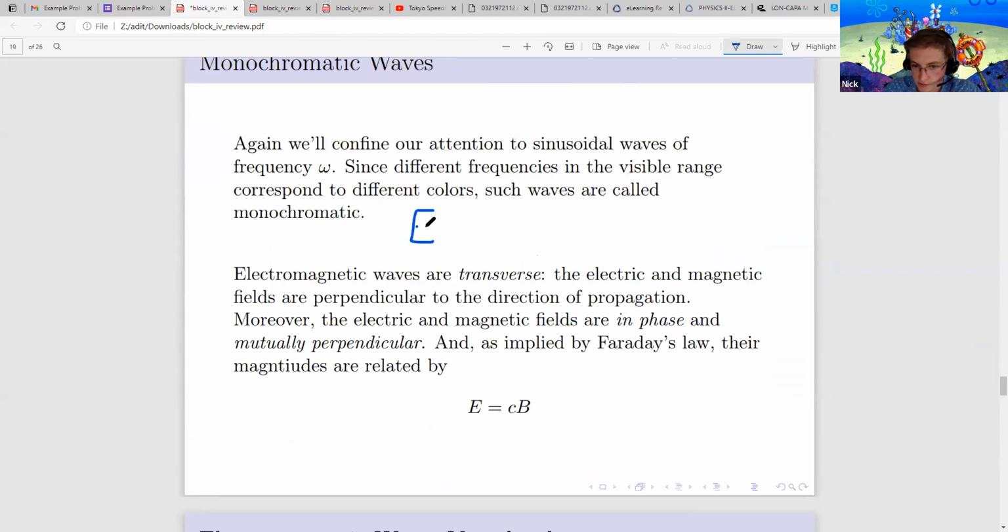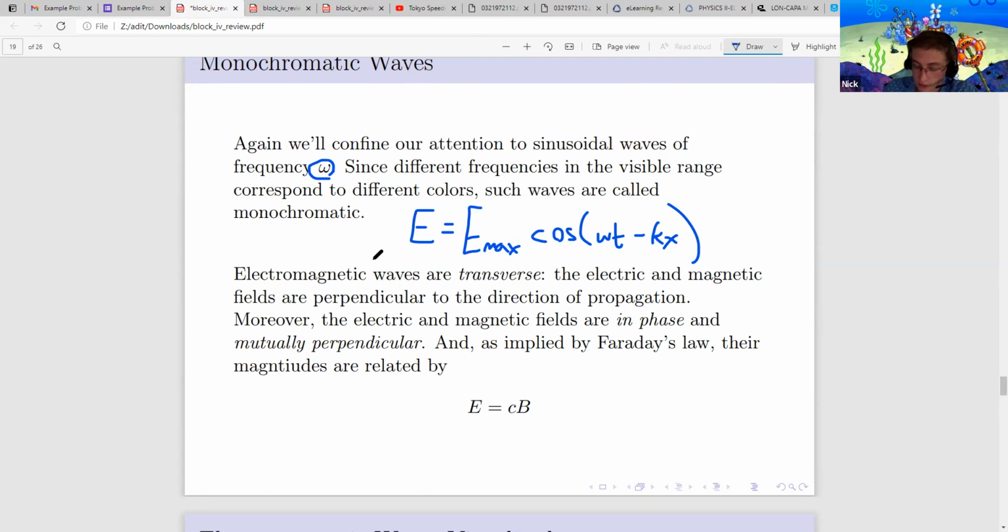So for instance, we'll say the electric field is equal to some amplitude, let's say E max, times cosine of omega t minus kx. That's basically all I'm saying: for a certain frequency, each frequency corresponds to a different color, and that's why these waves are sometimes called monochromatic light waves.